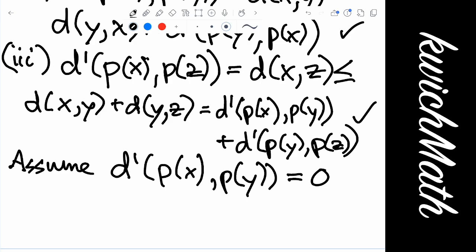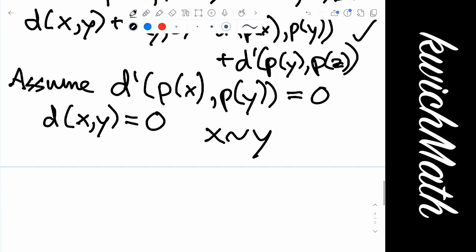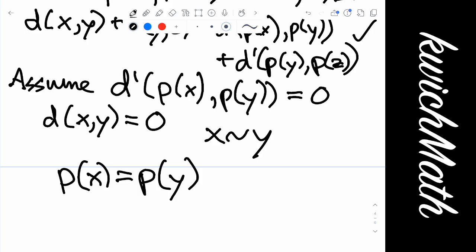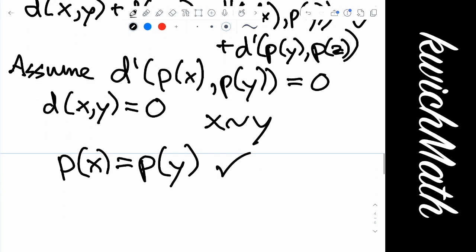So what does that mean? Well, that means that the pseudo distance from x to y is equal to 0. But that is exactly the same as x being equivalent to y. And this is exactly the same as the equivalence classes being the same. x and y must belong to the same equivalence class. So that means we're done. Yeah, that turned out to be long, but I hope it helped.